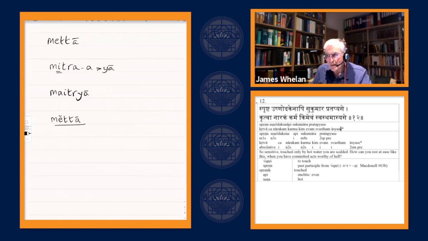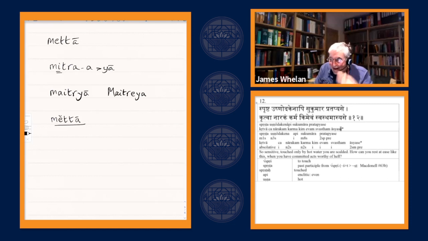Can I ask something quickly? Please, Mariano. Where does Maitreya come from then? Where is the E? Okay, Maitreya. Now you see the Maitreya, this is by a further development of that word. The Maitreya, the aya ending means a person who has that characteristic.